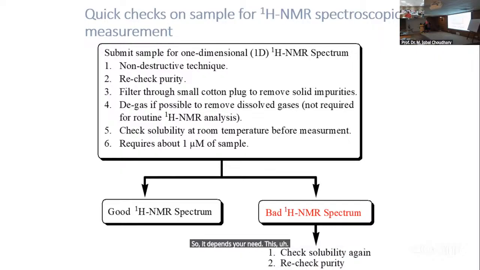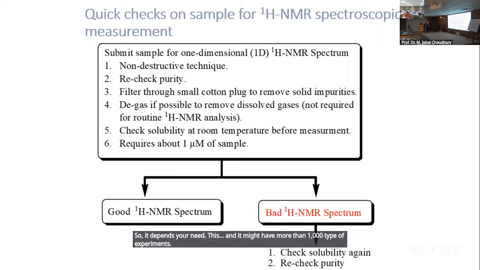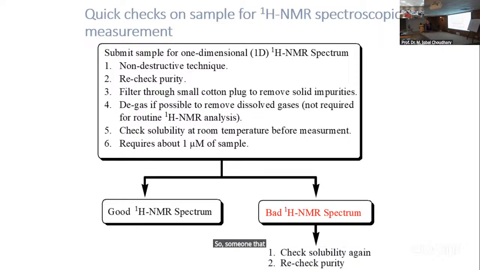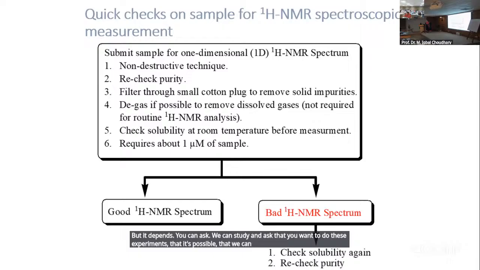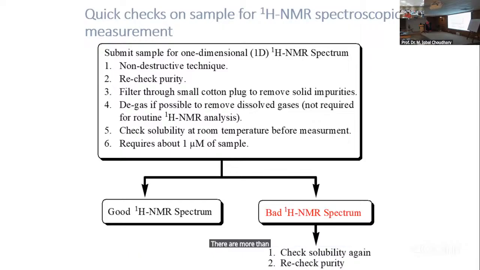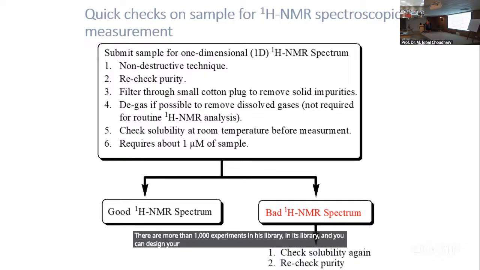NMR has more than 1,000 types of experiments. What we are doing here is just the routine, but it depends. You can ask that you want to do a particular experiment, and that's possible. There are more than 1,000 experiments in its library, and you can design your own experiments also.